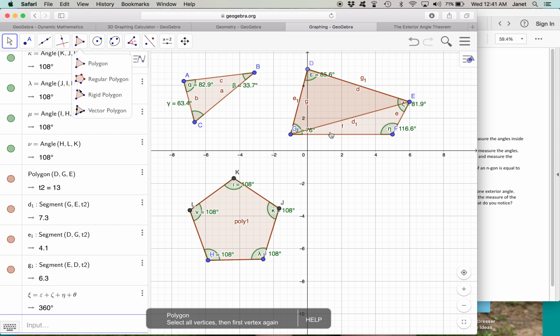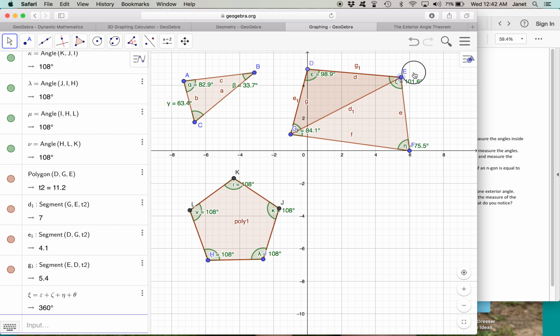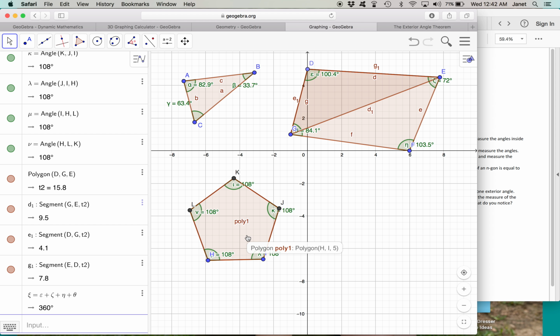Let's go ahead and select our move tool here. And as you can see, the 360 down here is not changing. If I move this angle, everything else is changing, but the sum is not changing. So I'm going to use this information here and apply it to here.